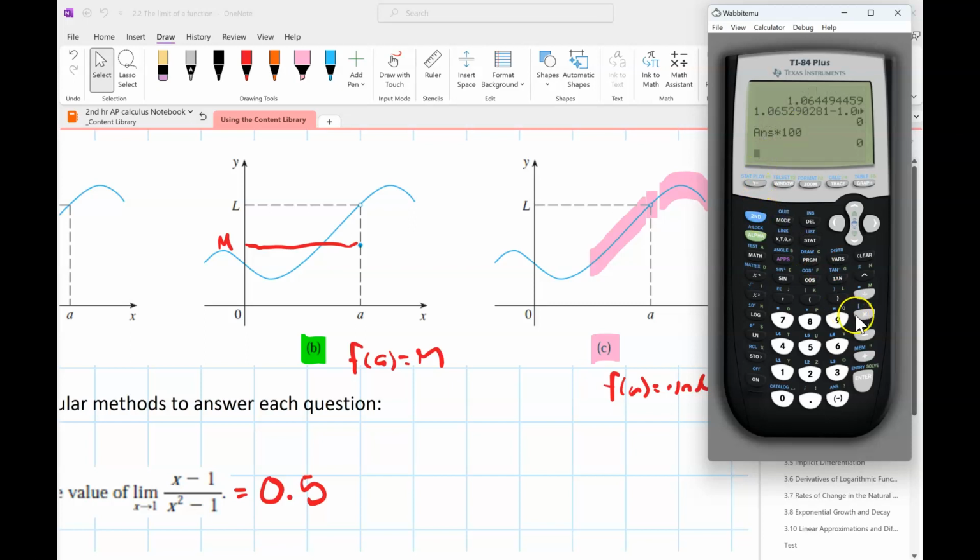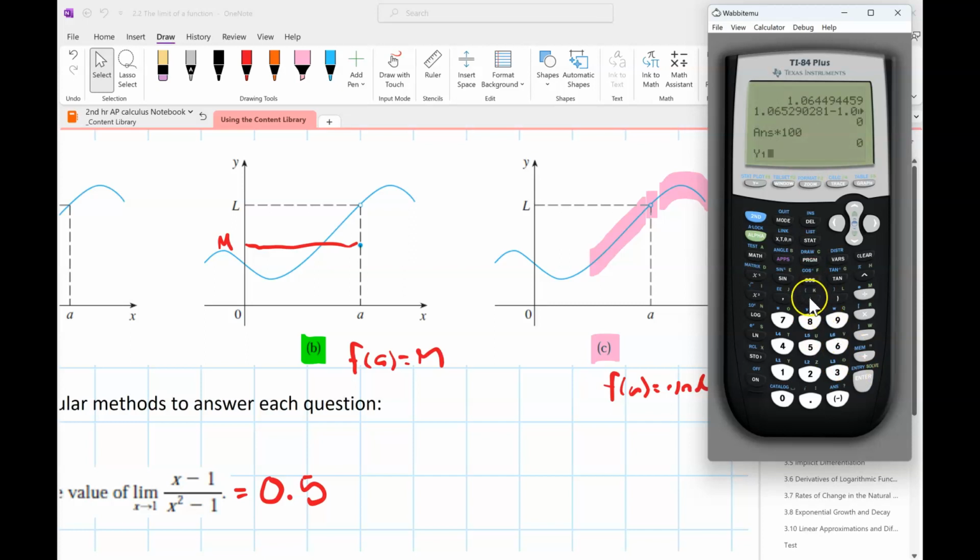And then I'm going to use the function operation on my calculator to do y1 of some values as I'm getting closer and closer to 1. To do that, I'm going to press the vars button, which is right here under the down arrow. I'm going to go over to the yvars option, pick function mode, and then pick the y1.